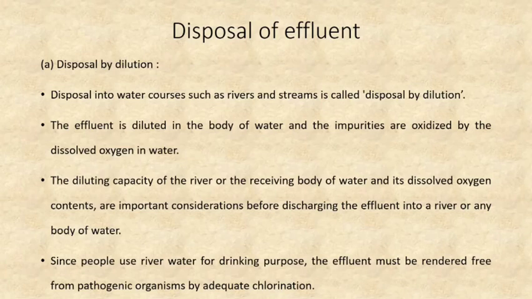So before disposing into water sources like rivers where people drink that water, the effluent should be purified by the process of chlorination, and after that it should be disposed of.